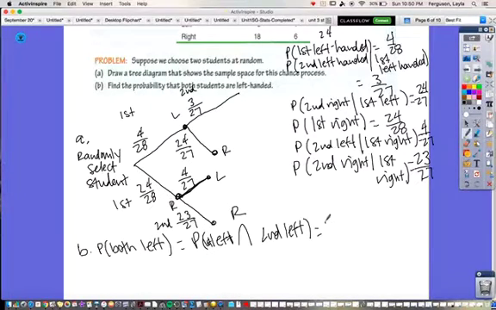What that's going to look like is probability of left times the probability of left given left. Now the reason that this one is left given left is because we have to worry about taking out the first person from being left and from also the total number of students. So what that's going to look like is probability of being left is 4 out of 28.